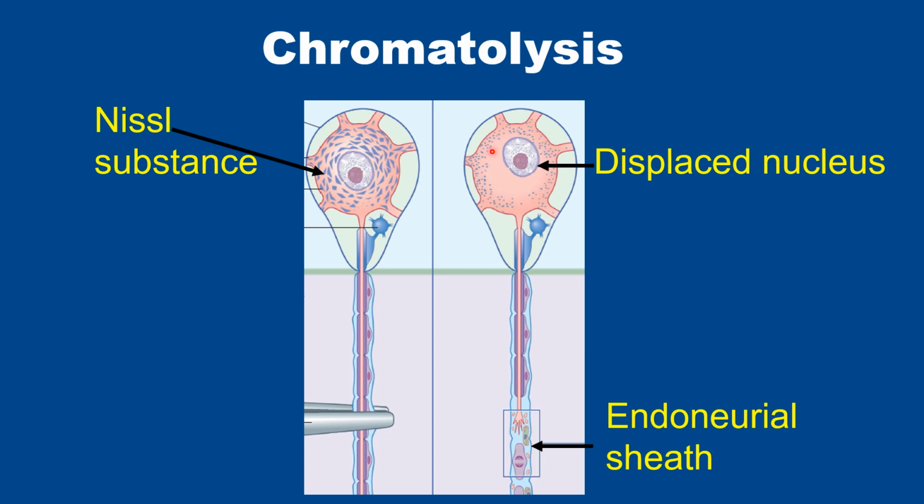The process is called chromatolysis. The endoneurial sheath formed by the Schwann cells is essential for regeneration of the peripheral axons. Limited growth or regeneration of the axons of the central nervous system occurs as oligodendrocytes do not form a neuronal tube.